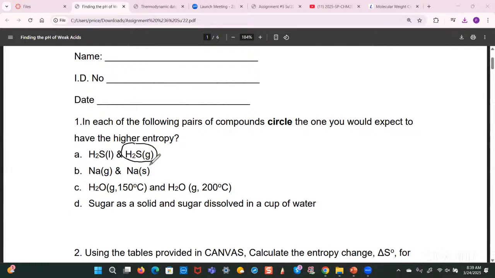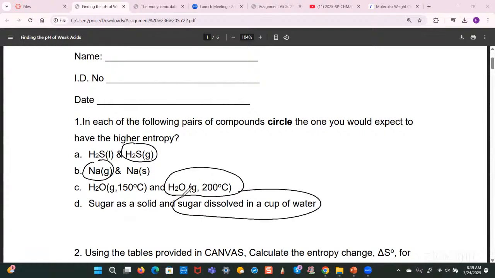What about B? Sodium gas. What about C? H2O gas at 200 degrees Celsius. And D? Sugar dissolved in a cup of water. All right, so that's basically how we do that.